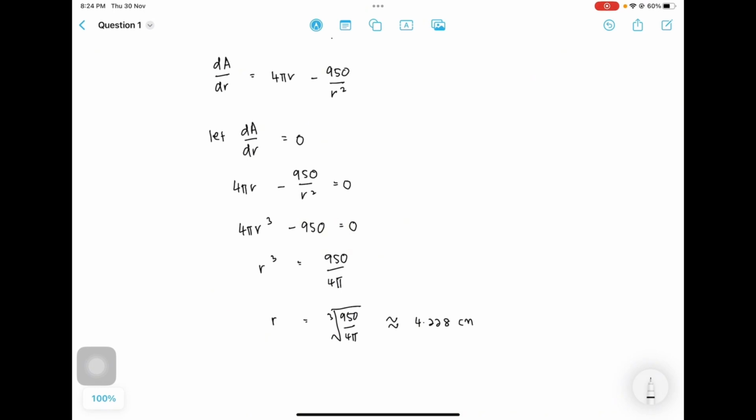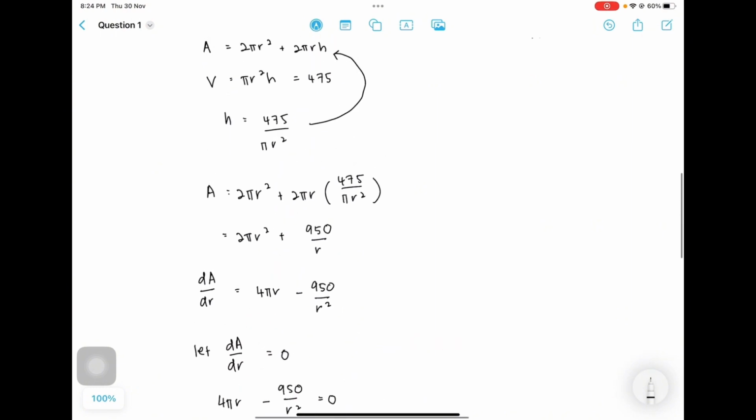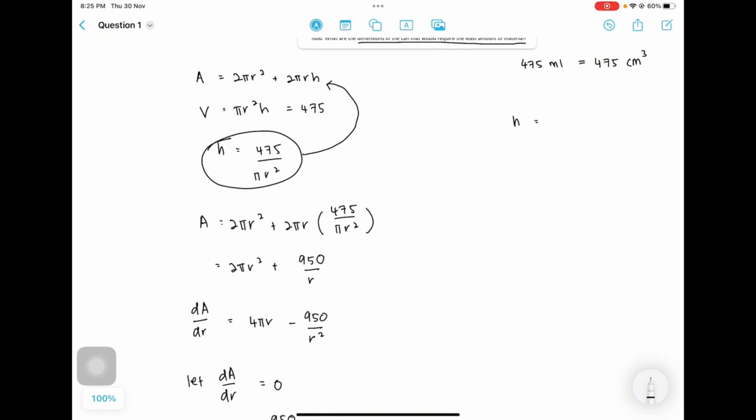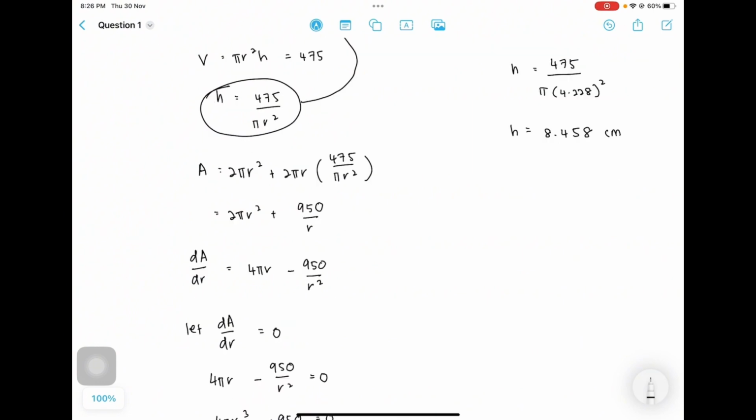After we get r, we can sub r into h, where h is equal to 475 over pi times 4.228 square. And we will get h is equal to 8.458 centimeter.